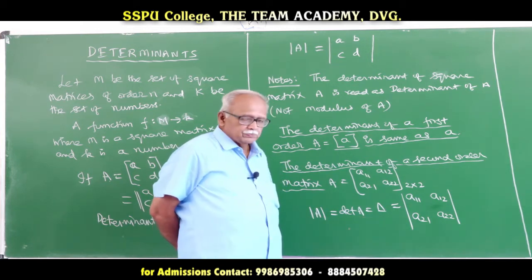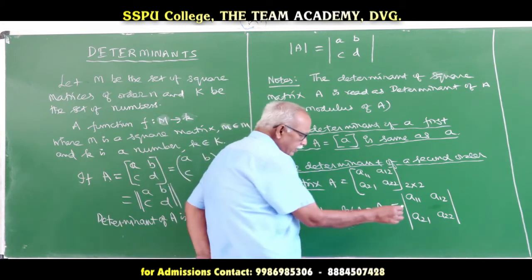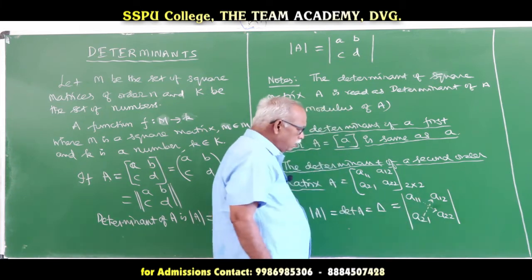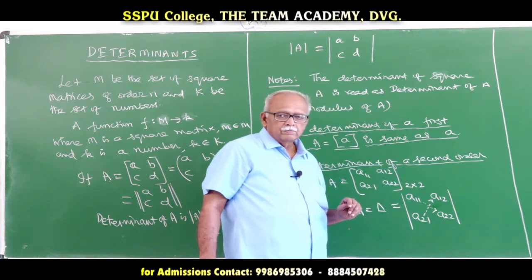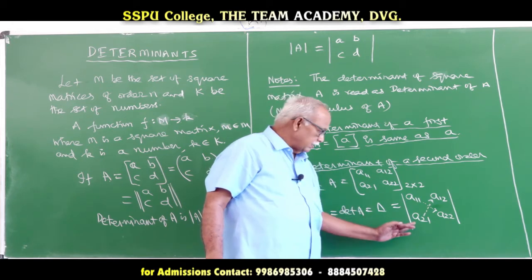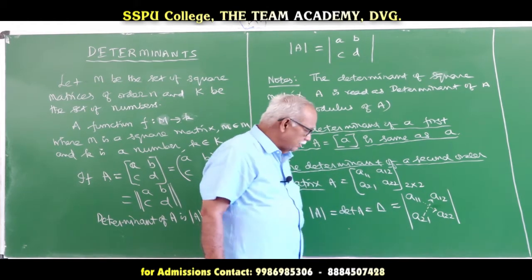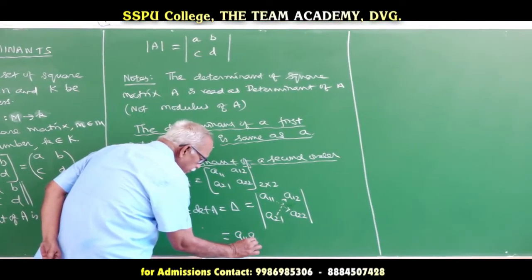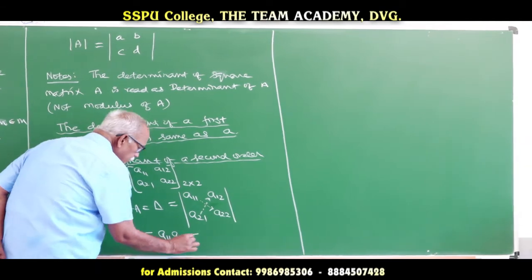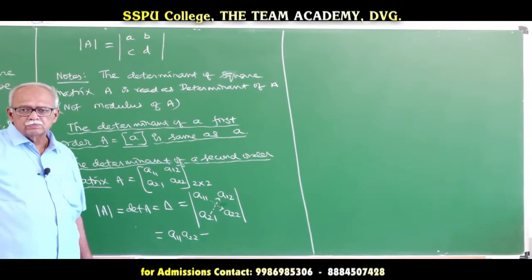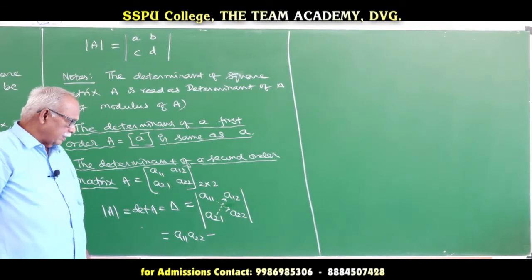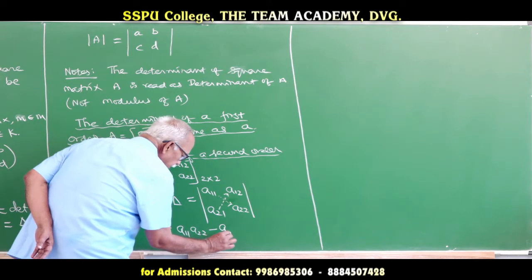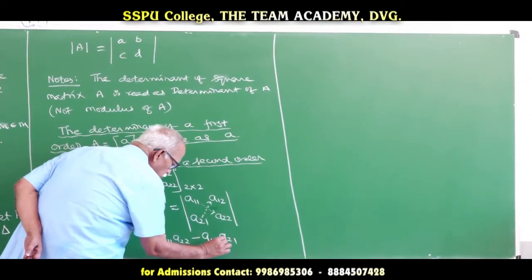How to expand this? What is the value of this determinant? Now I am putting this arrow mark, you see. This is called the principal diagonal and this is called the secondary diagonal. The value of this determinant is a11 multiplied by a22, the product of the elements in the principal diagonal, minus the product of the elements in the secondary diagonal, that is a12 a21.